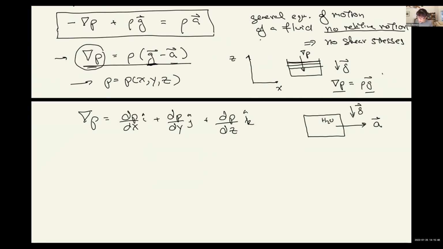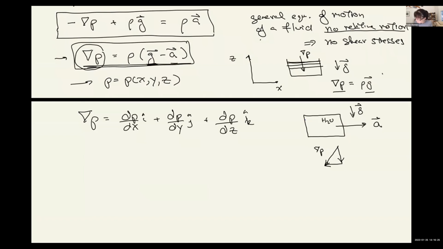And so this equation immediately tells us that the pressure gradient vector is G minus A, or in this direction, that would be grad P. Okay, so if you have a fluid acting under gravity and an acceleration, then your pressure and the fluid itself is going to look like this.